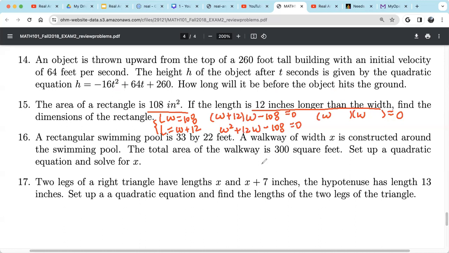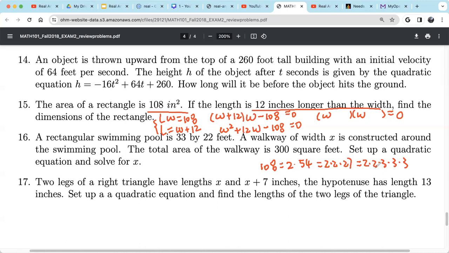Well, let's look at 108. 108 is 2 times 54, right? And 54 is 2 times 27. So that's 2 times 2 times 3 times 3 times 3. So how can we form two factors from here whose difference is 12?